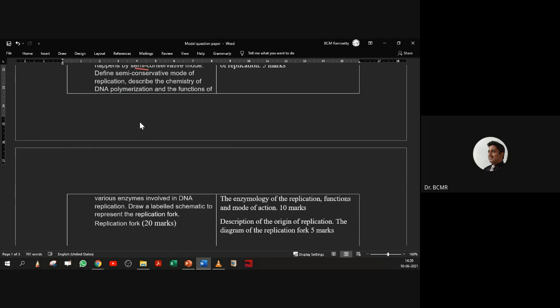And everywhere in all the questions, you will have something like this. Wherever applicable and possible, you should try to rely on labeled schematic diagrams. I can tell you now itself that you should have practiced the diagrams beforehand so that you'll feel comfortable during the examination.